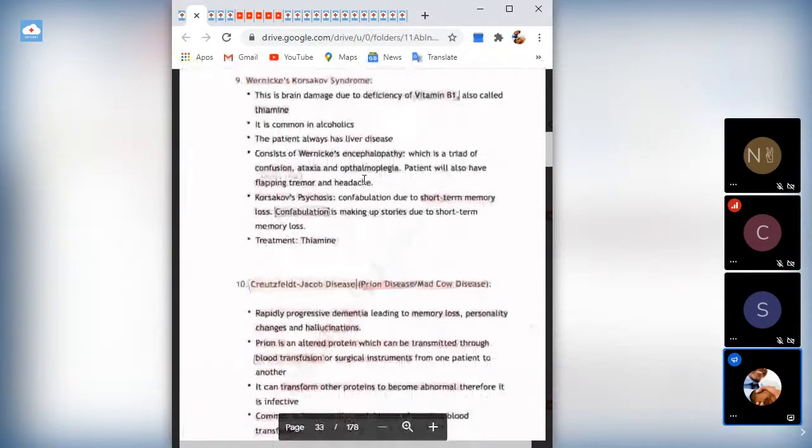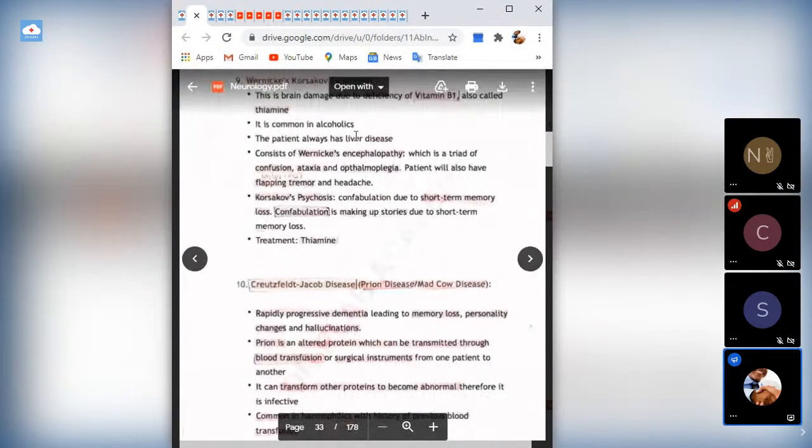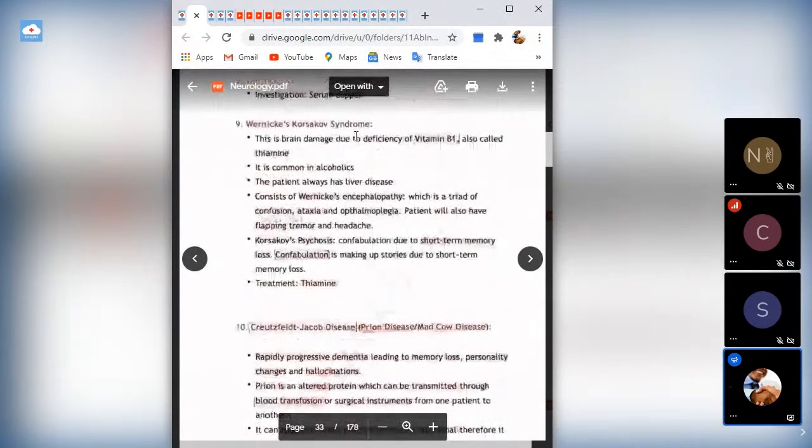Now, in the brain, damage is due to deficiency of vitamin B1, also known as thiamine, in Wernicke-Korsakoff's syndrome. So now, there's Wernicke's encephalopathy and Korsakoff's confusion or Korsakoff's psychosis, all right? So now, in Wernicke's encephalopathy, usually due to prolonged thiamine deficiency, and alcoholism is one of the things that leads to thiamine deficiency.